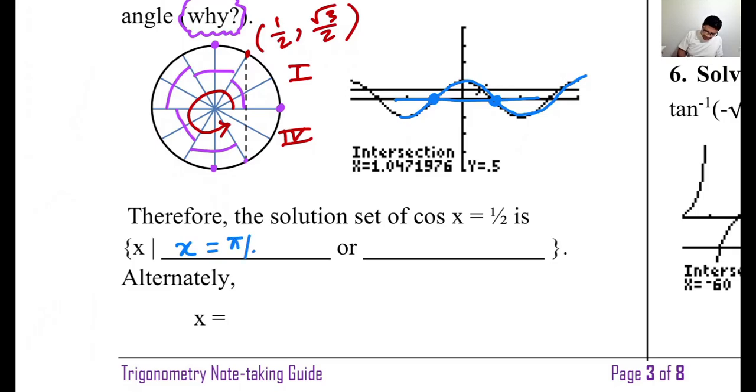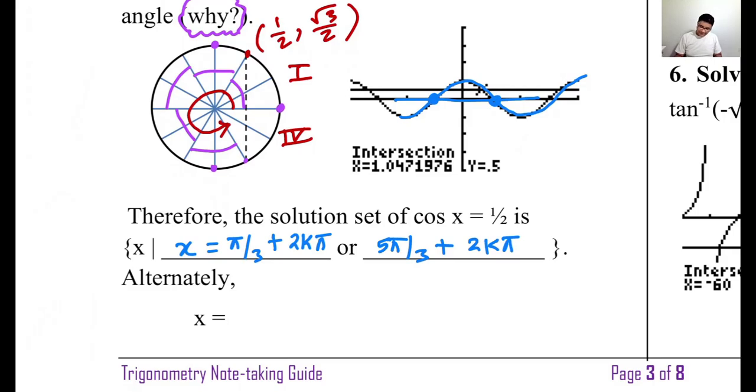So you can say pi over 3 plus 2k pi if you go with the angle pi over 3 in the first quadrant, or 5 pi over 3 plus 2k pi. Either of these angles, take as the base angle and then add multiples of 2 pi for more solutions.